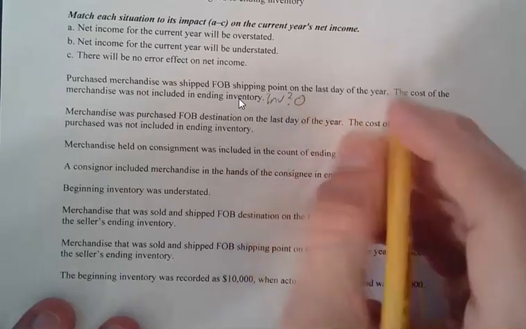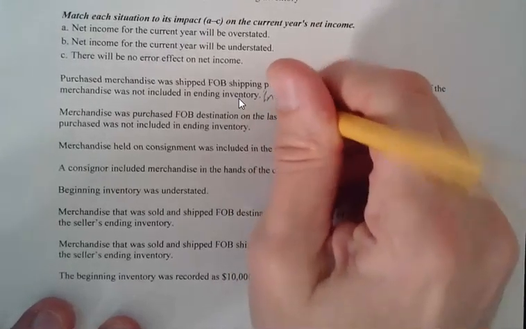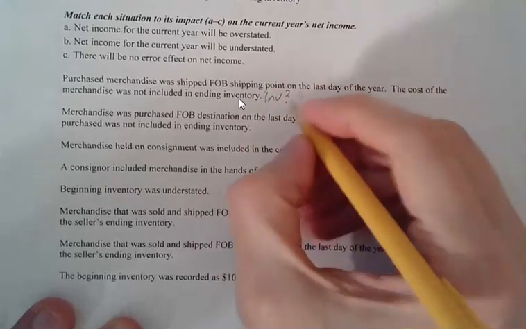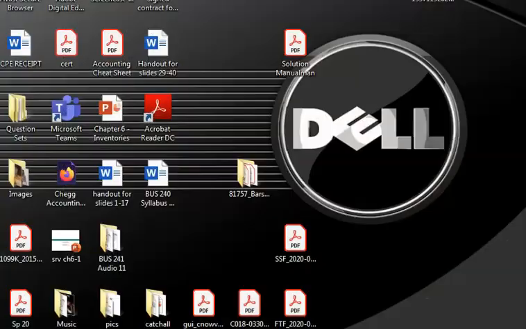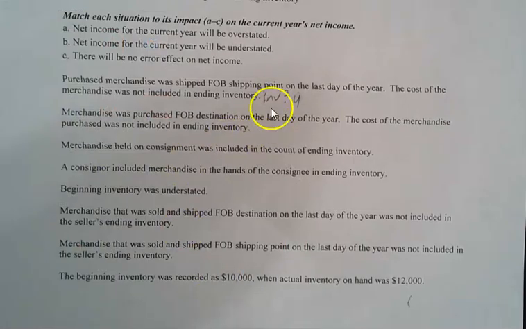Well, I'm sorry, I made a mistake there. Our inventory is understated. Okay, our inventory is understated because we were supposed to include this merchandise in ending inventory and we did not.